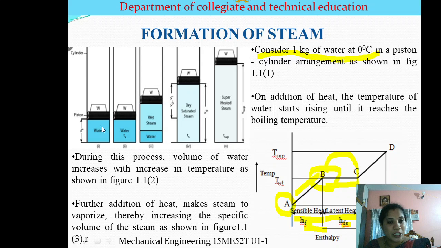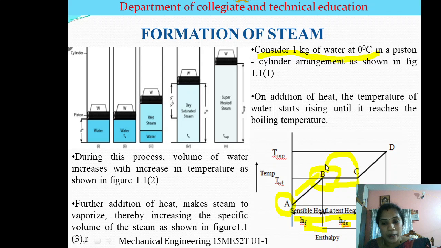So this condition is indicated by figure 1. As we start heating the water, the temperature of the water rises till it reaches the point B. This is indicated by figure 2. As the temperature increases, there will be an increase in the specific volume.